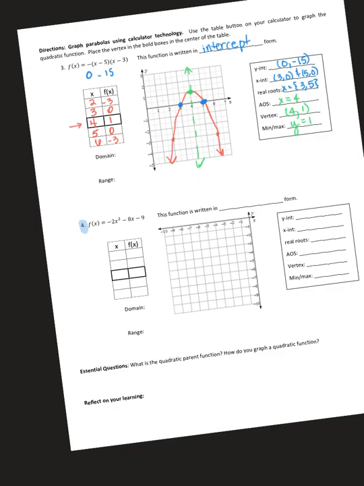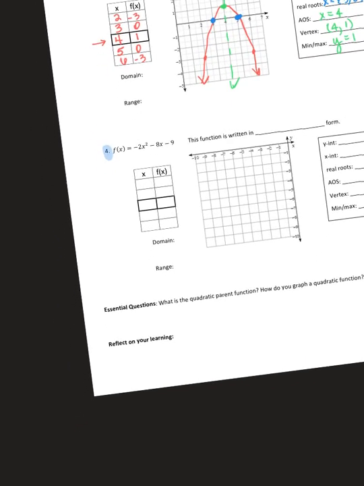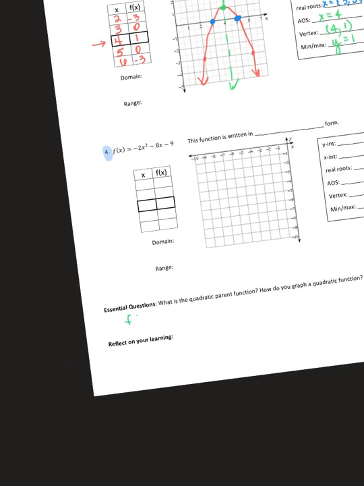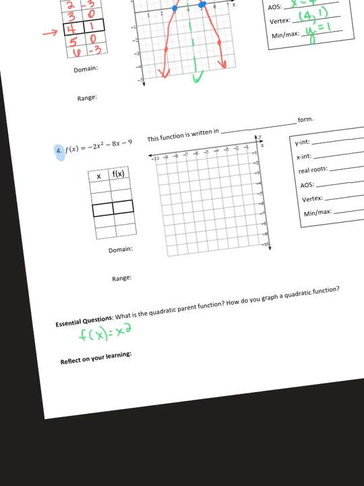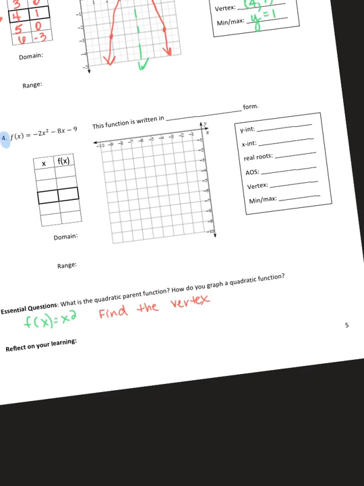So what is the quadratic parent function? That one is f of x is equal to x squared. And then the second question we're answering is, how do you graph a quadratic function? First, you need to find the vertex. Whether you're using technology like your calculator or Desmos, or you are plugging numbers in, you have to find the vertex first.